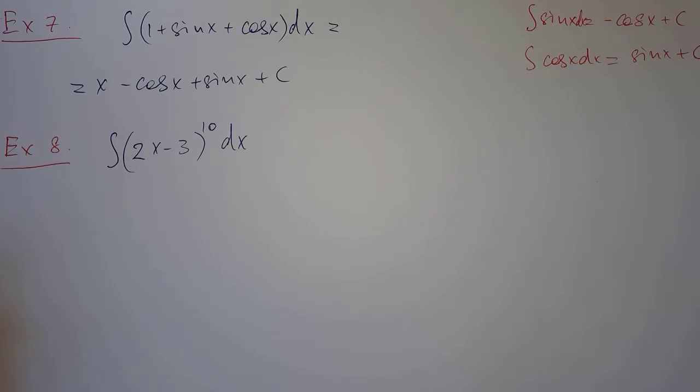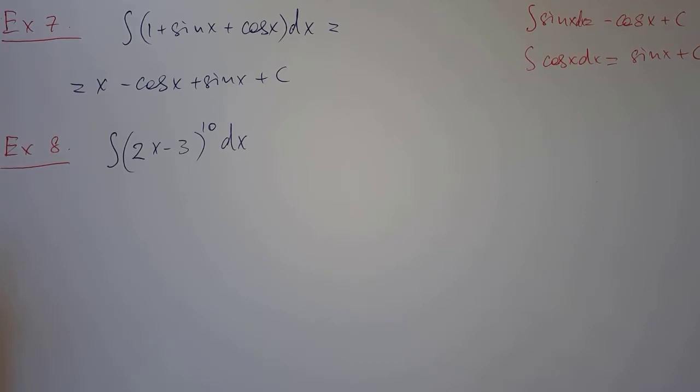And let's consider the next example. The integral of (2x minus 3) to the tenth power. So here, if you want to solve by the polynomial, we need to open this tenth degree. And we can solve this tenth degree, but it will be more difficult.